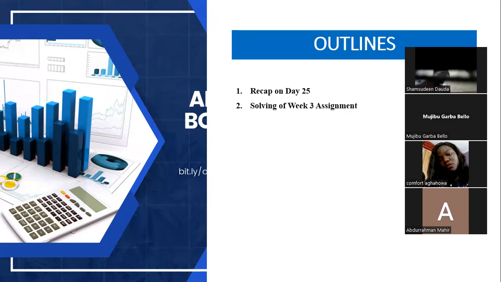We said the upper function is used to transform the cells in the data into capital letters, while the lower function is used to transform the whole data into lower case, that is small letters, and the proper case is used to capitalize the first letter of each and every word or name in the data.